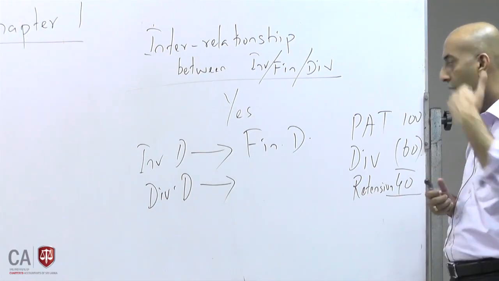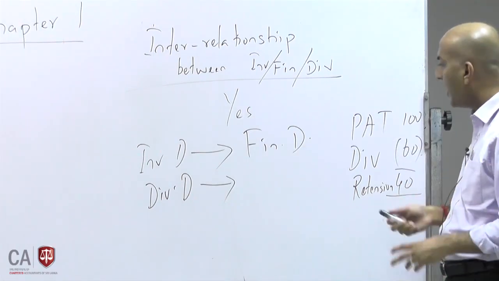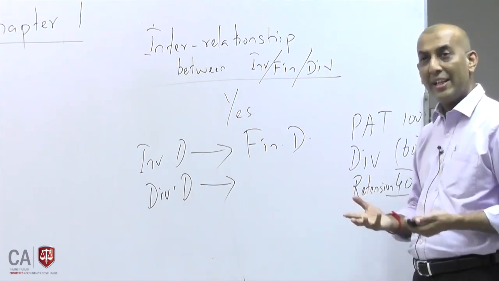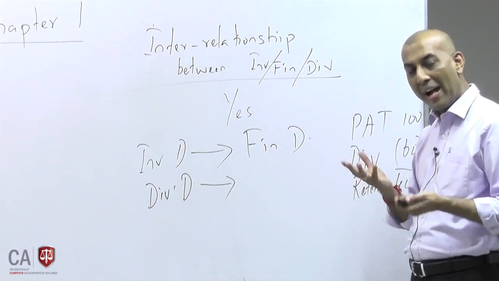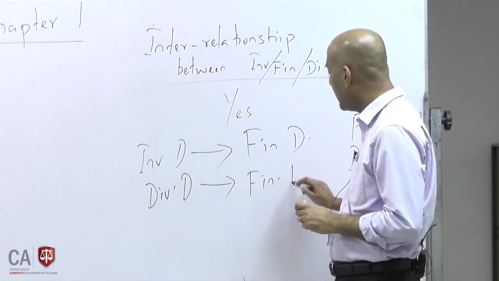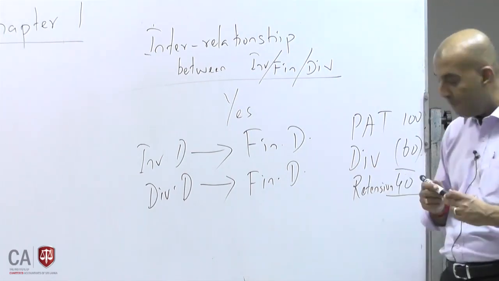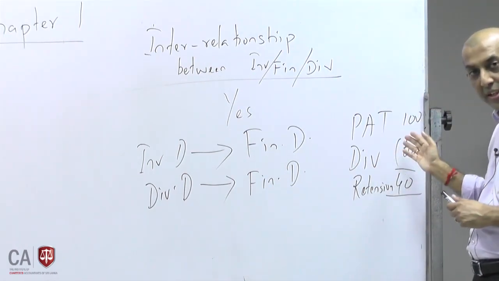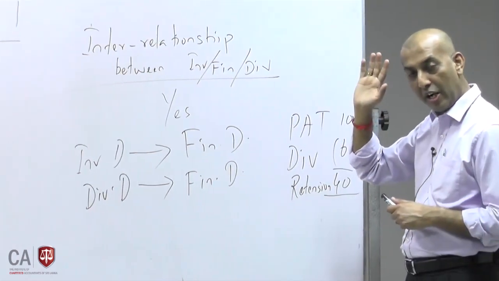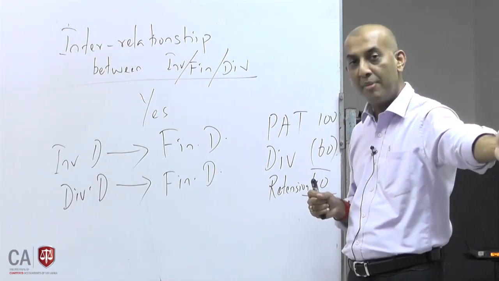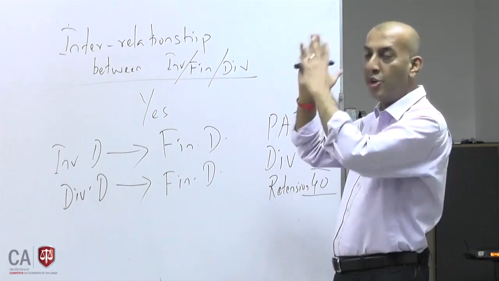So dividend decision will basically impact my financing decision of the future. If I pay 100% dividend from the profits, 100 million paid out to the shareholders, I don't retain anything. So the next time I come to investment purposes, I have to find new money.